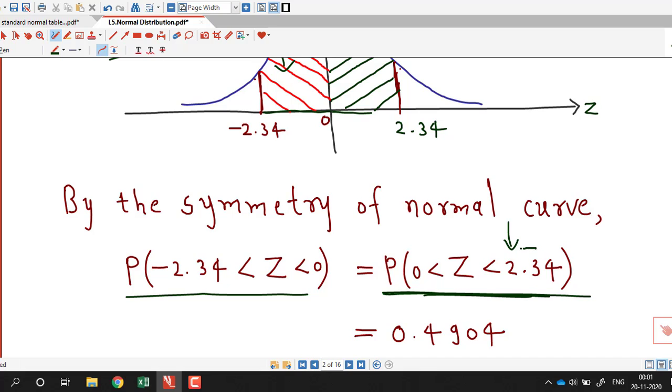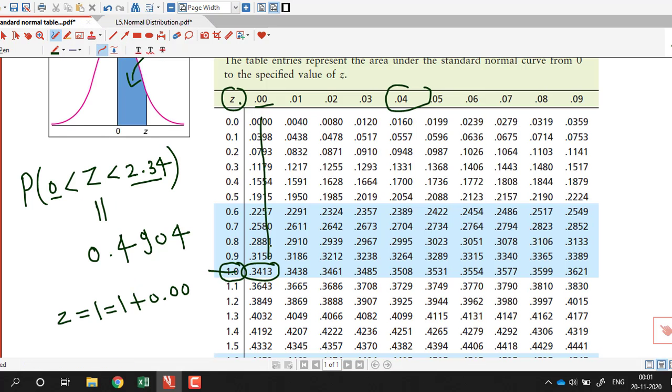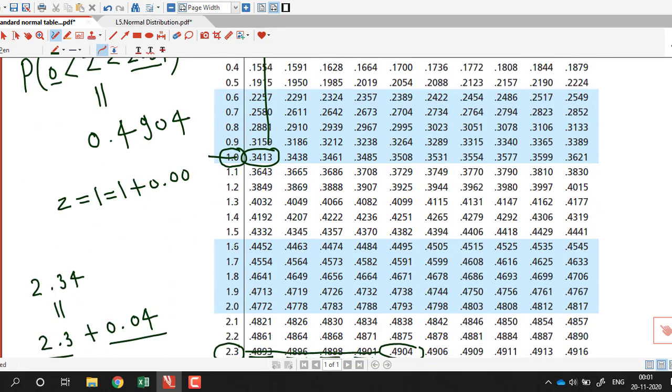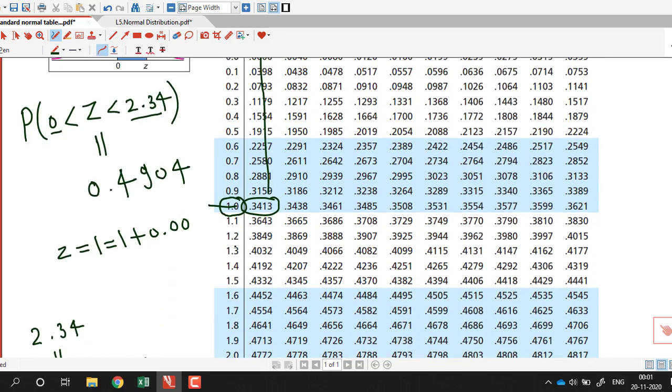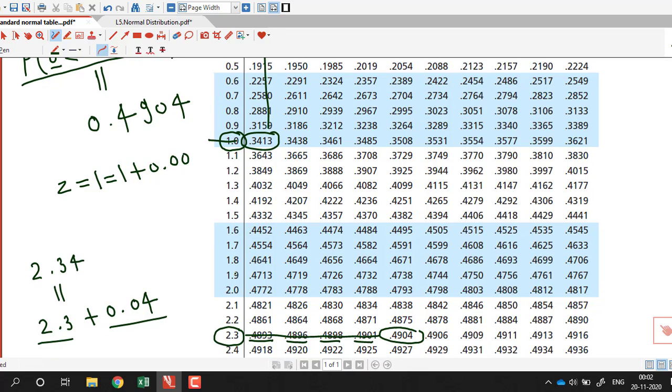So in the table we will concentrate on 2.34. So we look for 2.3 below this z values, and we have already found this value: the probability that z lies between 0 and 2.34 is nothing but 0.4904, as I discussed.